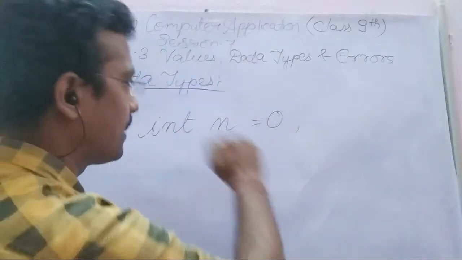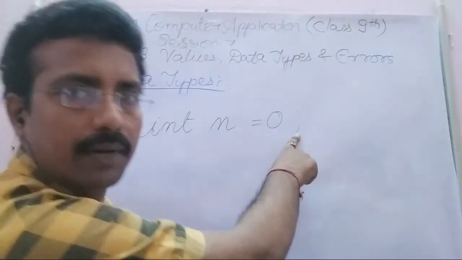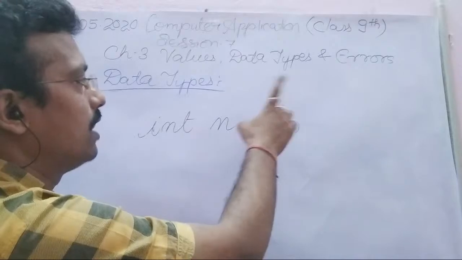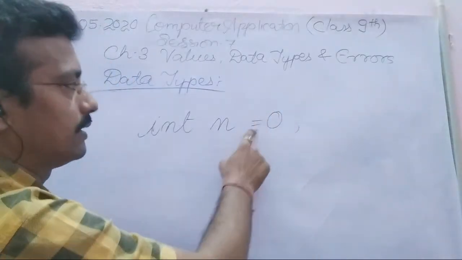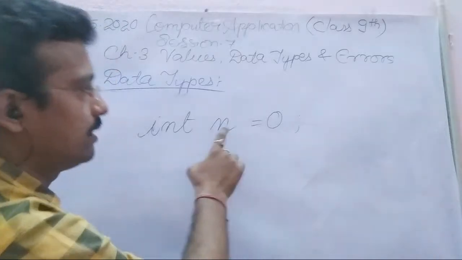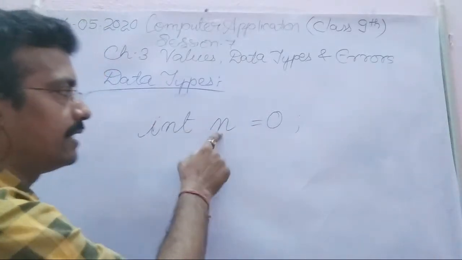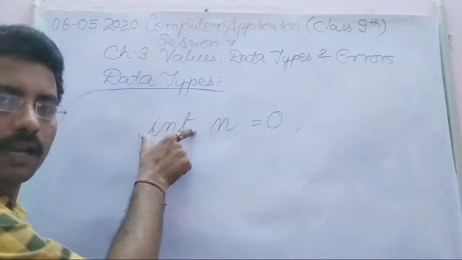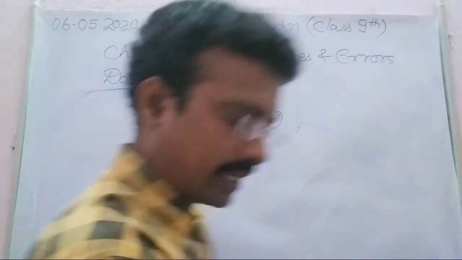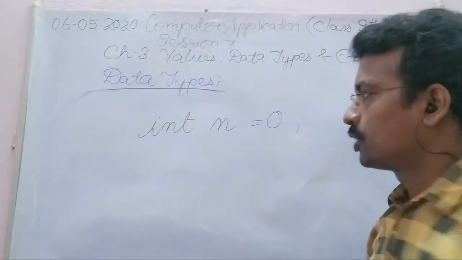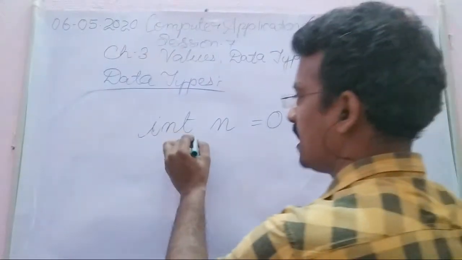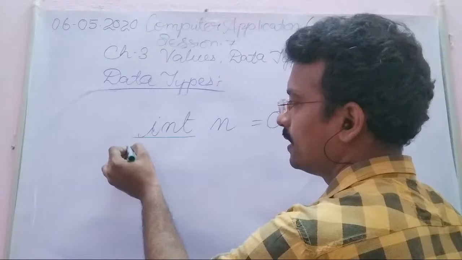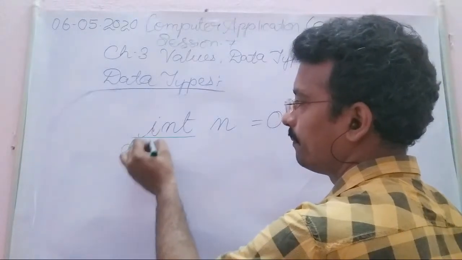In tokens we have seen separators, delimiters, literal, operator, variable, identifier, and data type. So we can categorize this line in multiple parts as we have seen in earlier classes. This is called the data type.